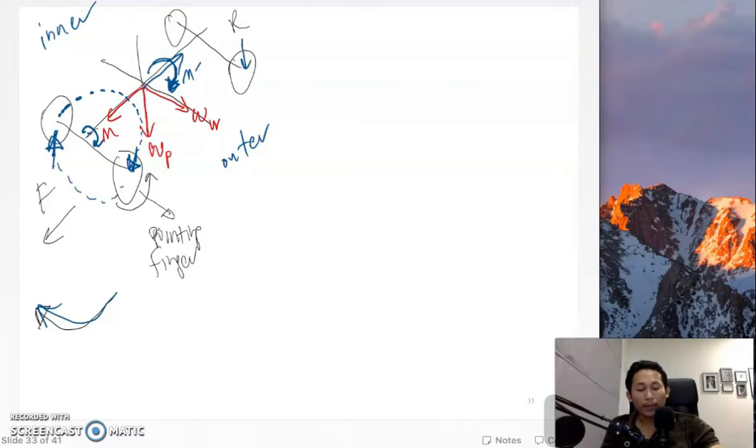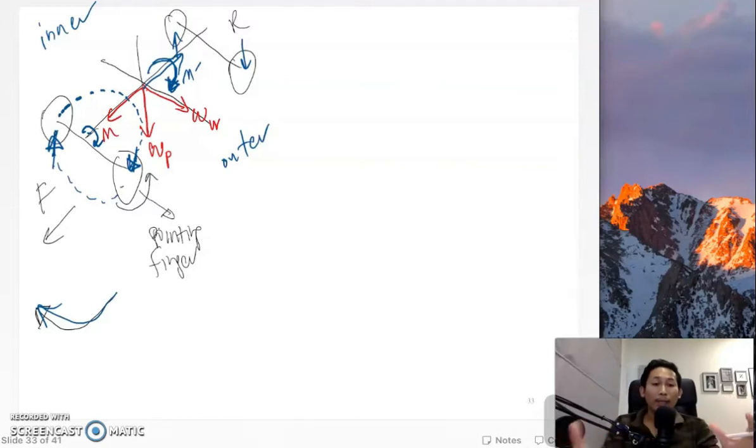So the reactive couple will try to press the outer wheel and lift up the inner wheel. That's the reaction of the reactive couple.